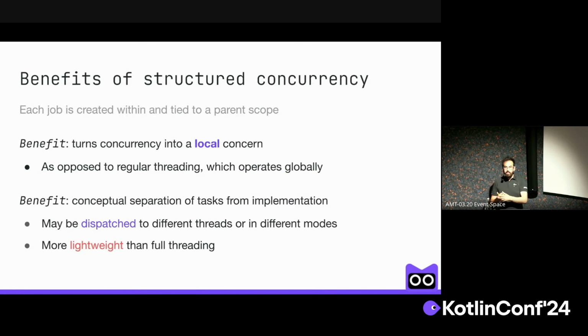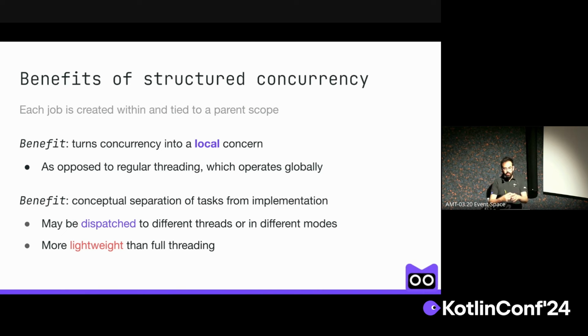And the main benefit of having this parent-child relationship between tasks, between different things that are running maybe concurrently, is that we turn concurrency, which is often thought of previously as, well, we just create threads and you have to take care of manually keeping track of those threads and maybe canceling those when something goes bad or you need to cancel the entire thing.